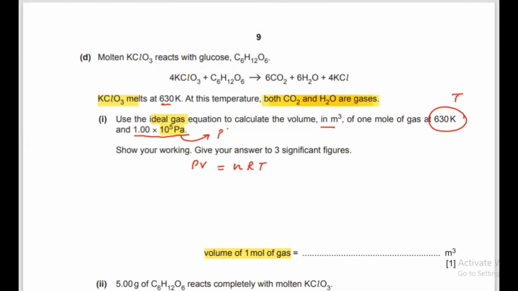To calculate the moles, it is PV over RT. So we can put the values here. Pressure is 1.0 times 10 raised to 5.